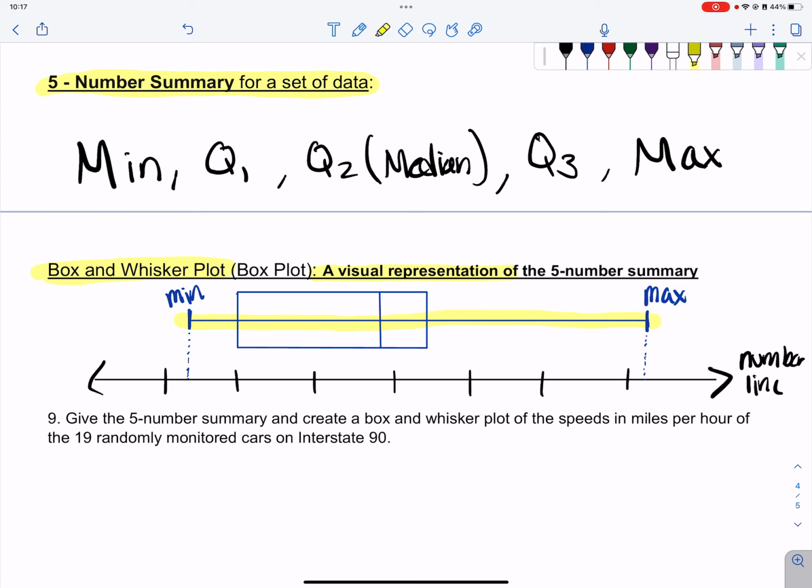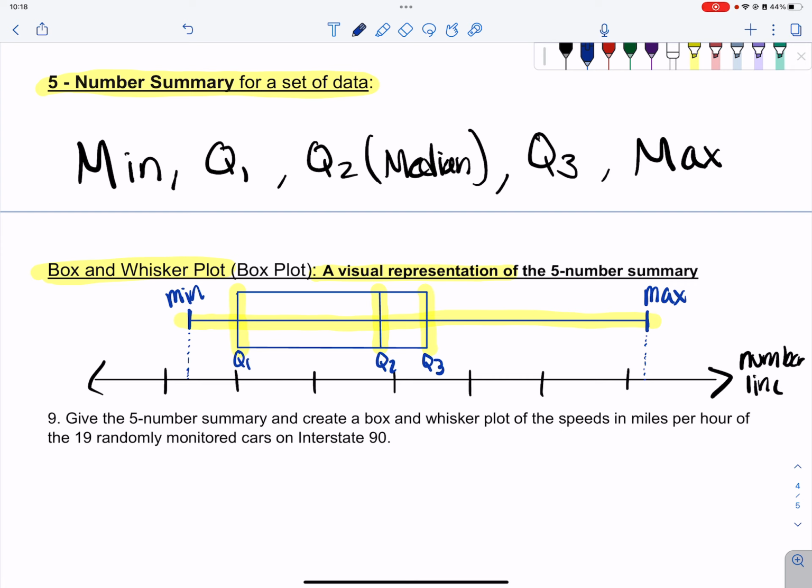So looking at the left edge of the box, that is where Q1 is at, the 25th percentile. And then the right edge of the box, that is where Q3 is at, the 75th percentile. And then lastly, somewhere within that box, doesn't have to be directly in the middle, it's wherever the data tells us it should be, is Q2, the median of our data set.